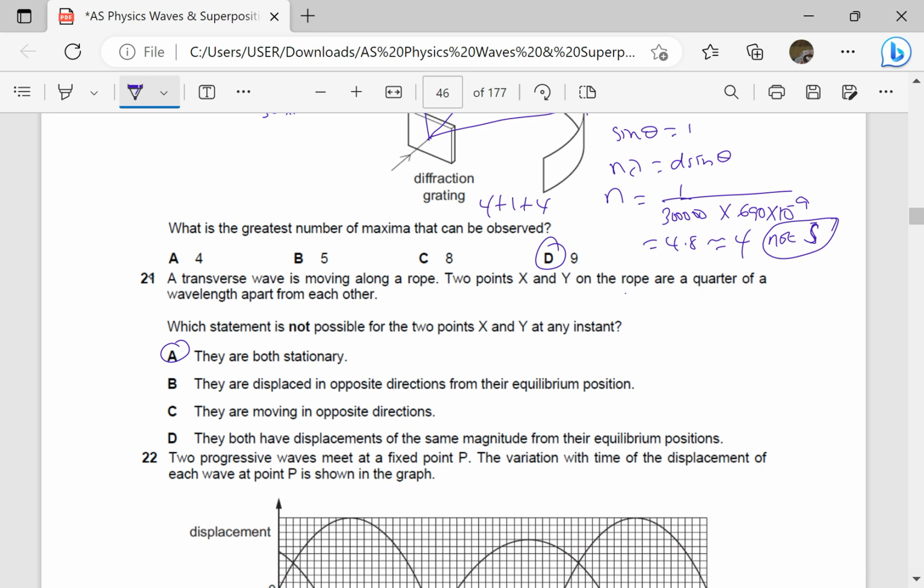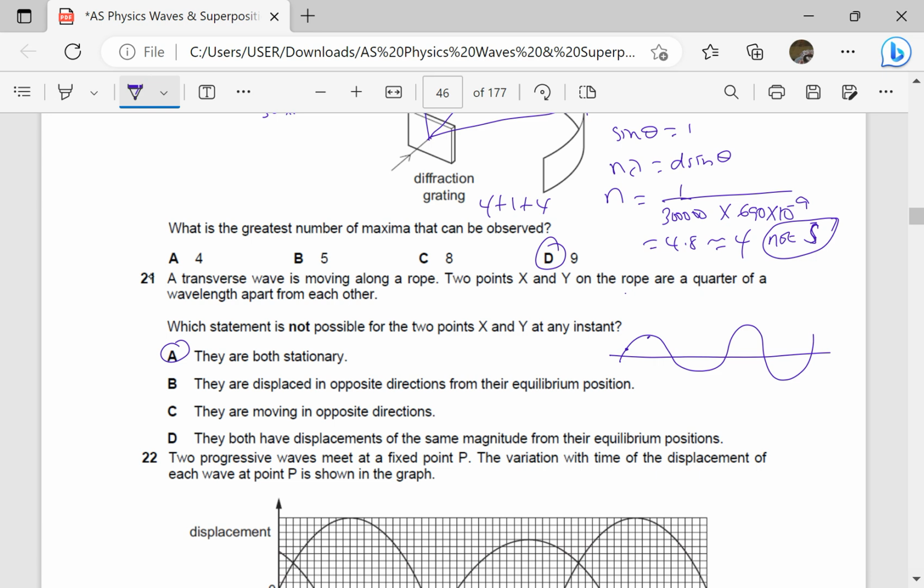They are displaced in opposite directions from their equilibrium. That one is possible. If you look at 2 points a quarter distance apart, it is possible for them to be displaced in opposite directions. They can be moving in opposite directions.